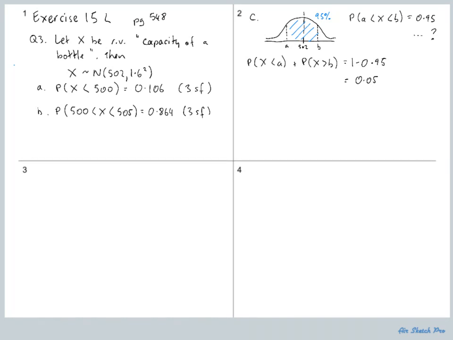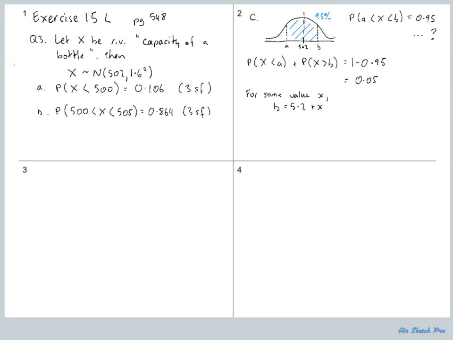And what I'm going to do is slightly different to what I showed a couple of people yesterday, but I think this actually makes more sense in terms of a normal distribution. I'm going to say that for some value, I'm going to use lowercase x, B is equal to 502 plus x. Just some value more than 502.